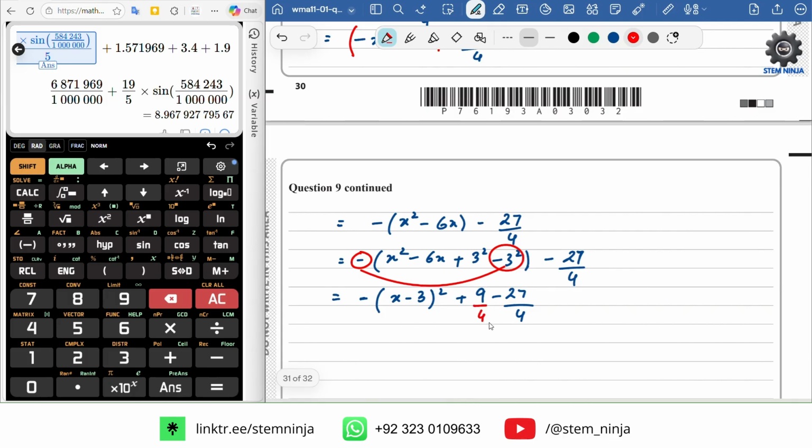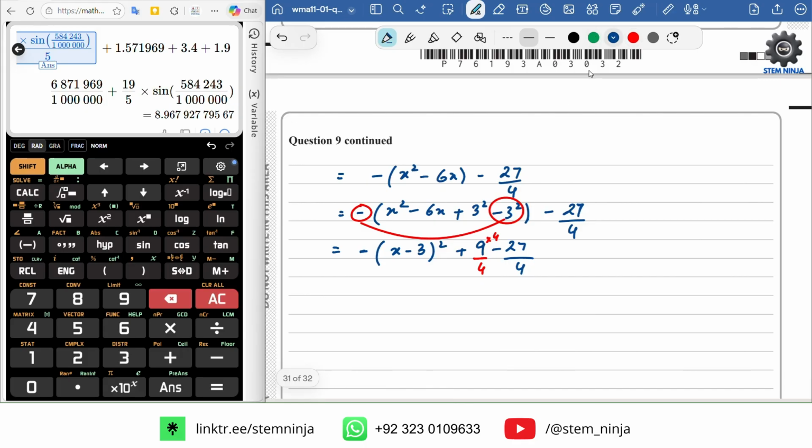To simplify this, we'd multiply by 4. So 36 minus 27. This becomes 9 over 4.